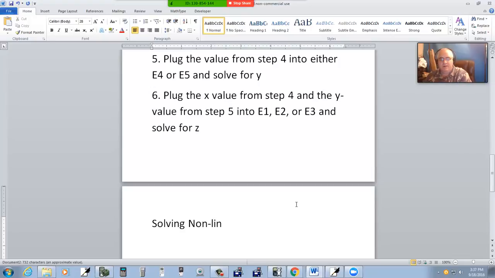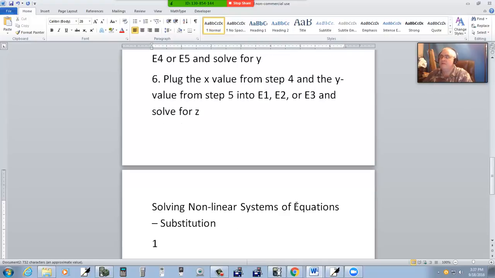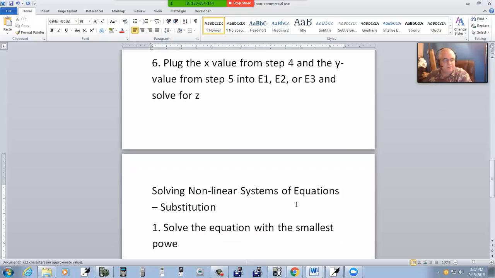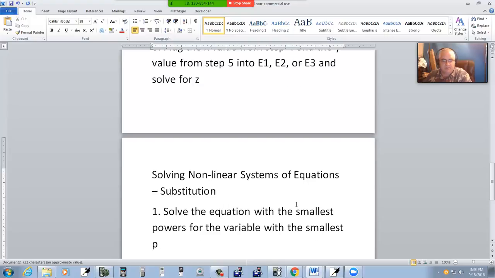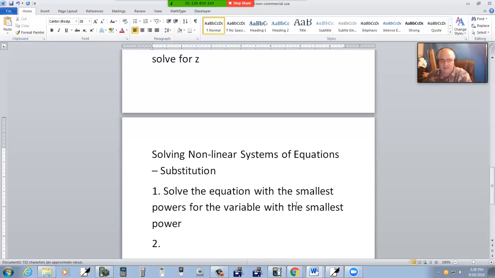Solving nonlinear systems of equations, and this is with substitution. Step 1. Solve the equation with the smallest powers for the variable with the smallest power. Step 2.